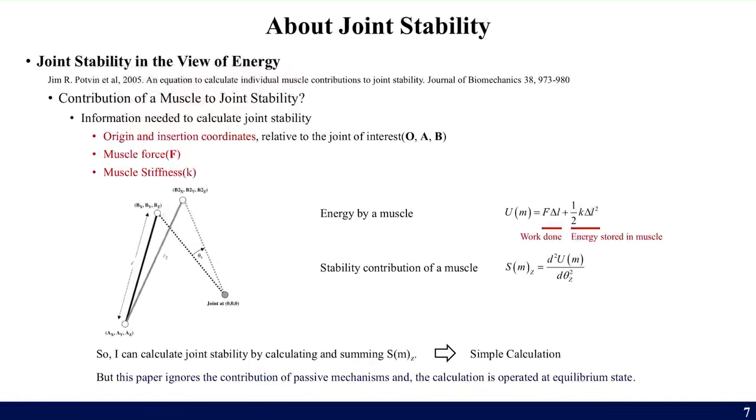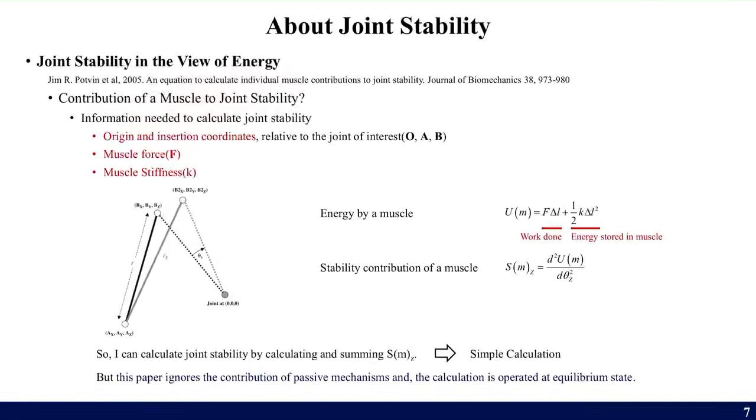The energy stored in the muscle is spring energy. So I calculate the energy of one muscle, and then I can calculate the contribution to the joint stability by operating the second derivative by theta z. So this is the definition of the joint stability contribution of one muscle.